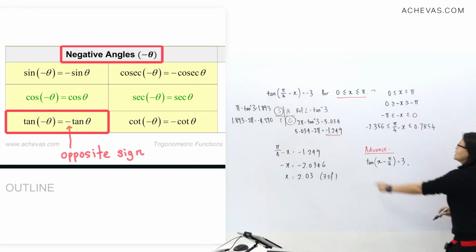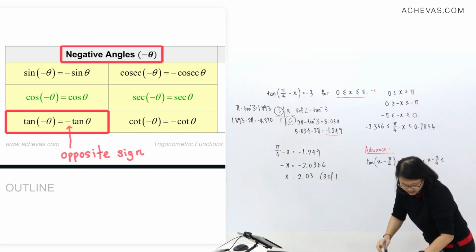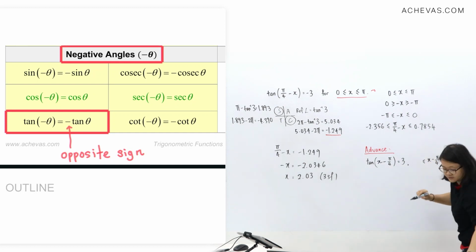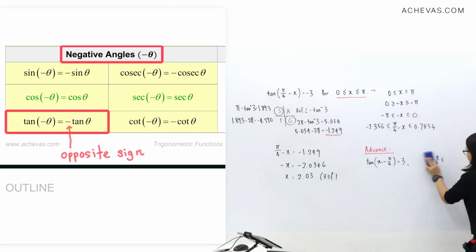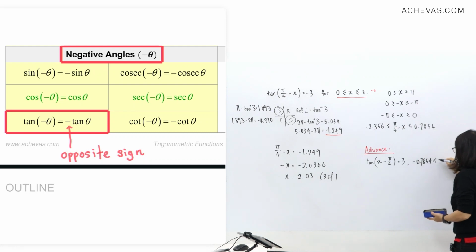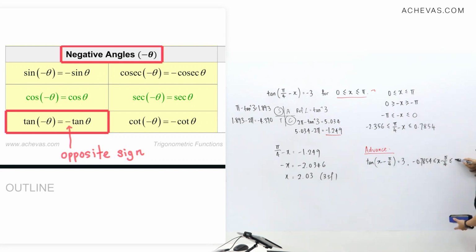And of course, you will need to adjust this range. So you are finding the answer of x minus pi over 4 between the range of, let me check my decimal value here, negative 0.7854 to 2.356.